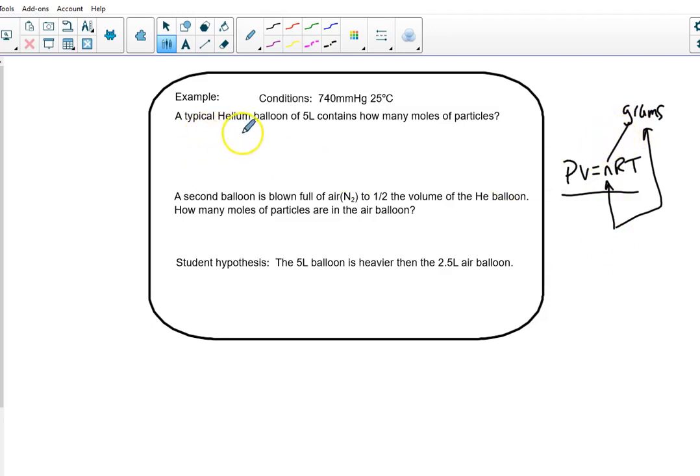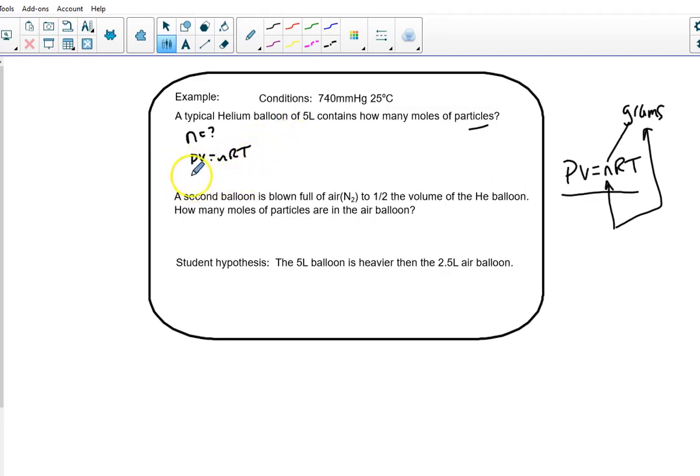A typical helium balloon has 5 liters. How many particles does it contain? First thing, I'm looking for particles, which is n. PV = nRT. I would get in the habit of writing out the formula that you need and rearranging it.